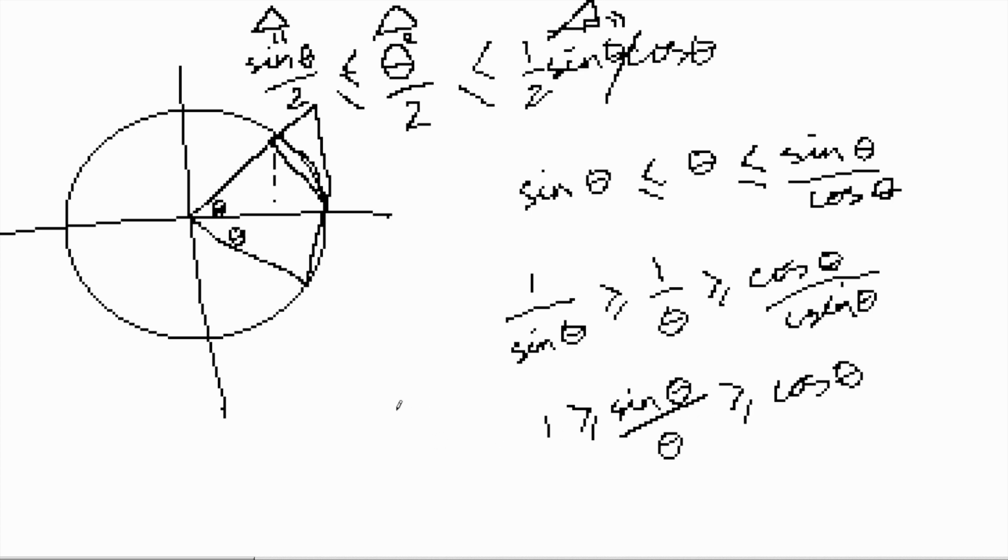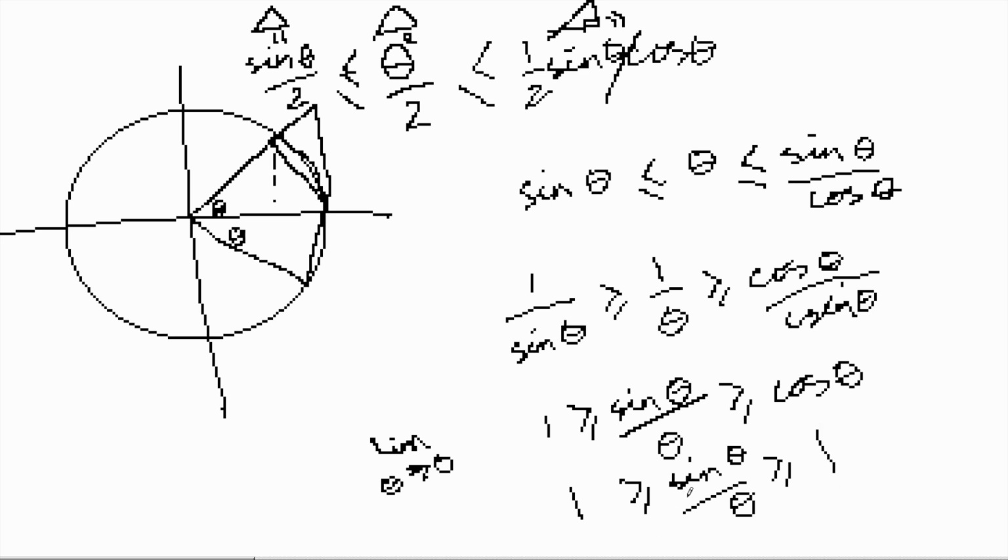And remember, we're trying to look for what happens when we take a limit of all this as theta goes to 0. And what happens when we take the limit as theta goes to 0 is that the 1 doesn't change. And we're just going to see what happens here, so we'll leave it as it is. And then cos theta, when theta is 0 from either side, is just going to be 1.